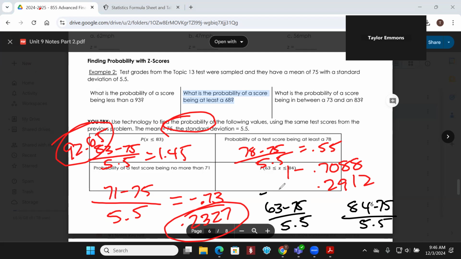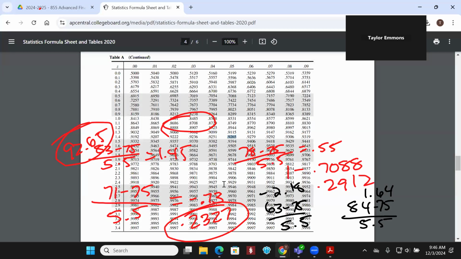This one will give you negative 2.18, and this will give you 1.64. We go into our table. 1.64 is 0.9495.